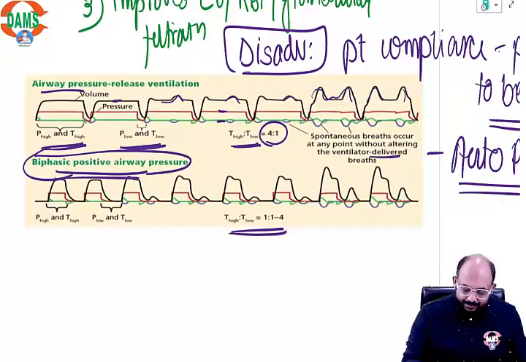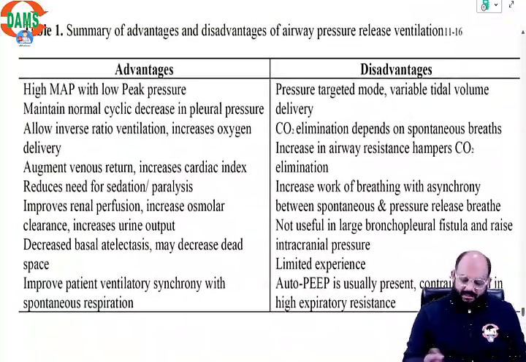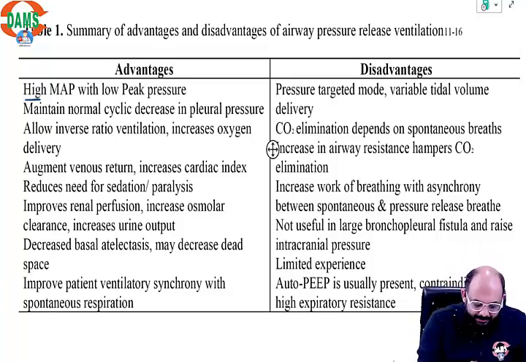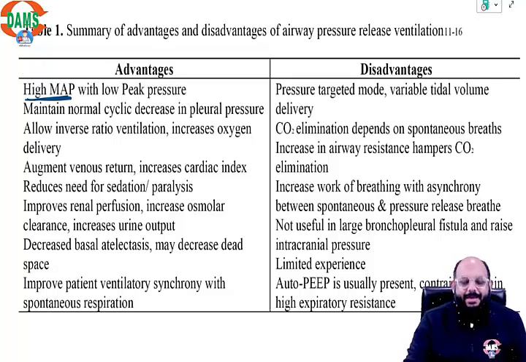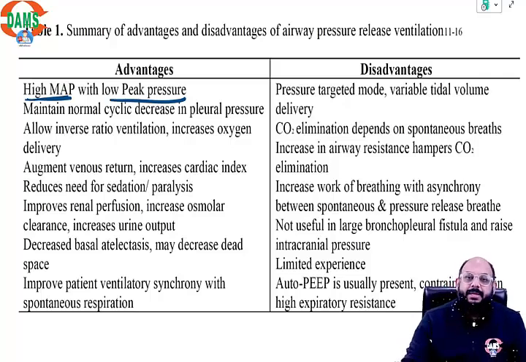Okay. Another mode of ventilation. Achha, let's look at the advantages and disadvantages. The same thing which I have actually written. You achieve a high mean airway pressure with low peak pressure. That is the most important thing. High mean airway pressure with low peak airway pressure, and peak airway pressure is responsible for the injury in ARDS.